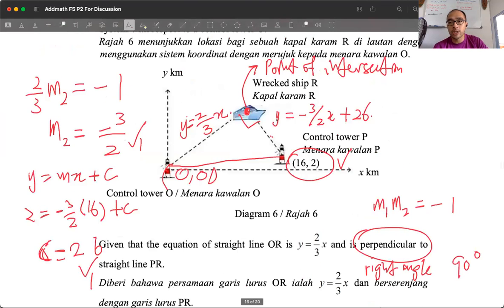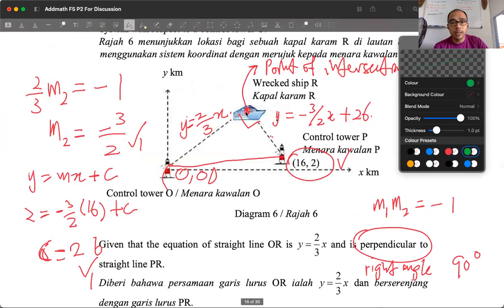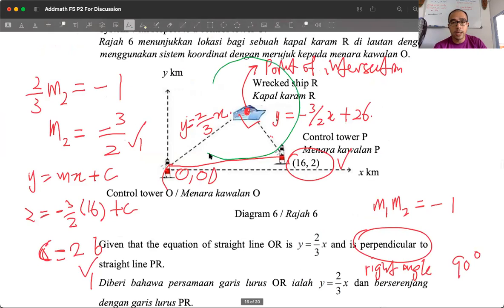I'm going to change color so that you can see. So that means 150 meters around means that we want to have a circle where the radius is 150. So this is the locus we want to find.